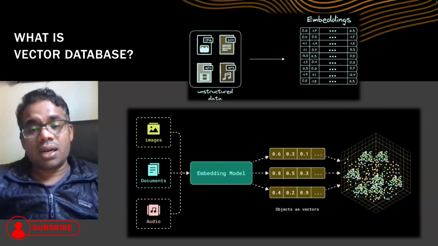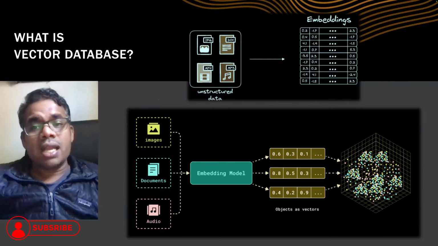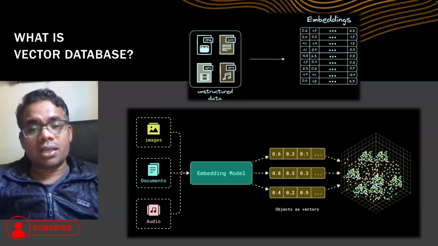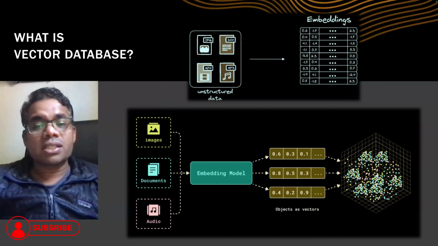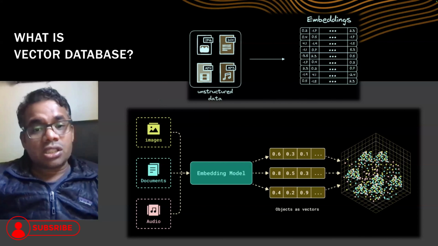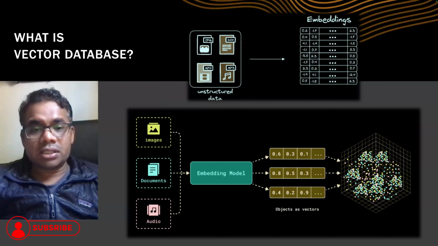Whatever the technique we use to convert any input data or document into a numerical vector format, the process is called embedding, right? And the model is trained in such a way that these vectors capture the essential features and characteristics of the underlying data.